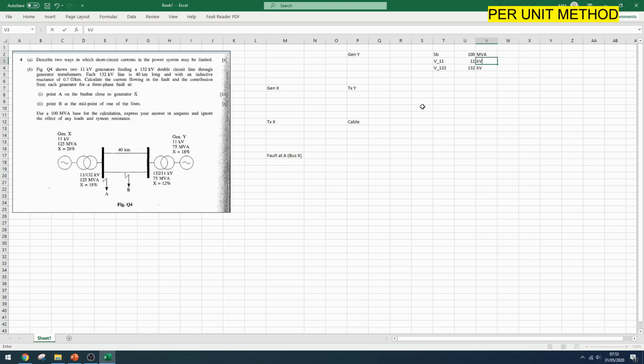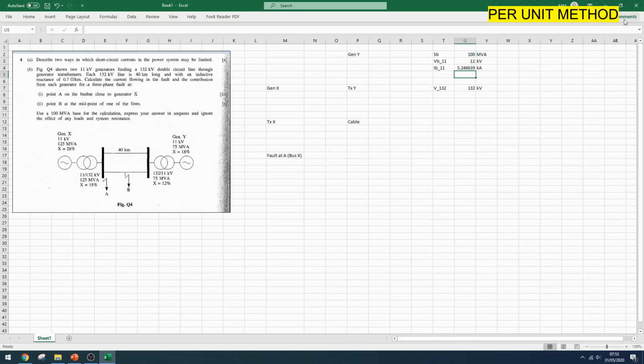So you have V11. So what's the I base at 11? So I base 11 would just be in terms of kA rating. So this would be equal to your S base divided by square root 3 times the voltage level of your system.